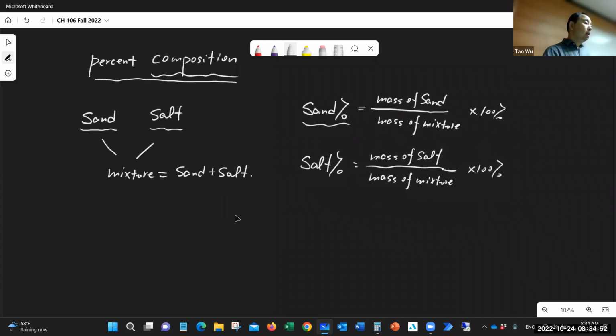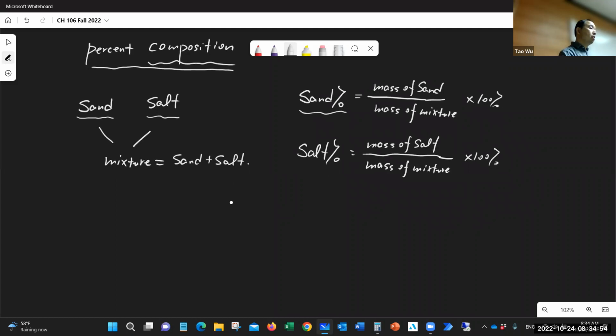But today, in our concept, we're not just talking about a mixture. Here, we're talking about what if we have a compound. For example, we're going to measure the sodium in a compound, sodium carbonate. If we want to figure out the percent composition for sodium carbonate, what does that mean?